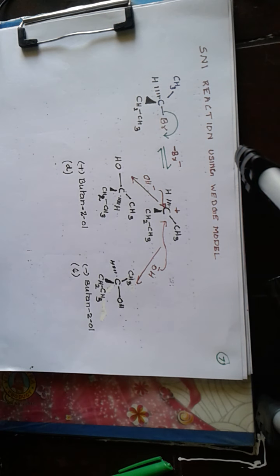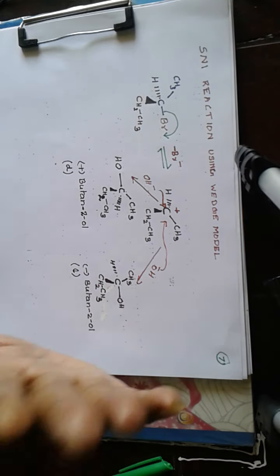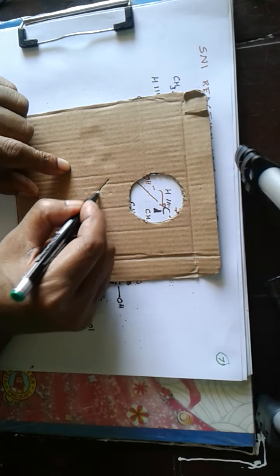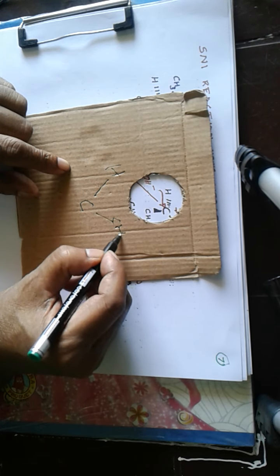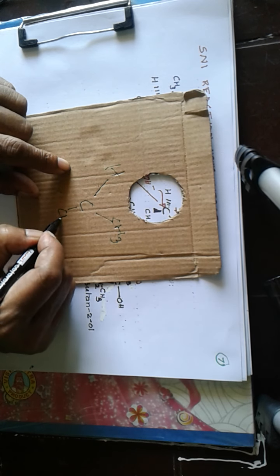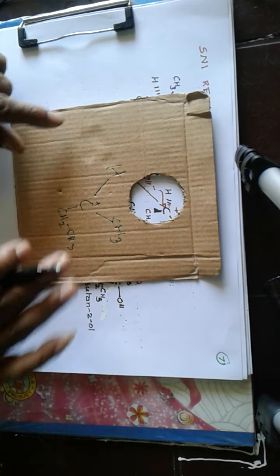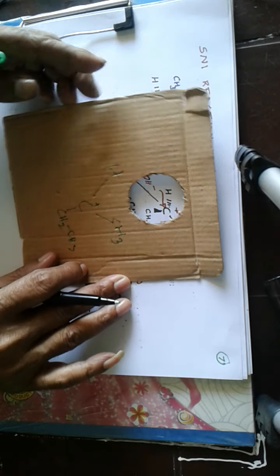Now that plane containing methyl, hydrogen and ethyl, with the carbon a positive charge, so you can draw such a plane. So this will be the plane where hydrogen, methyl, ethyl and carbon positive are present.